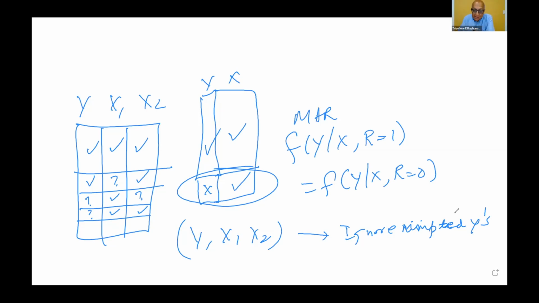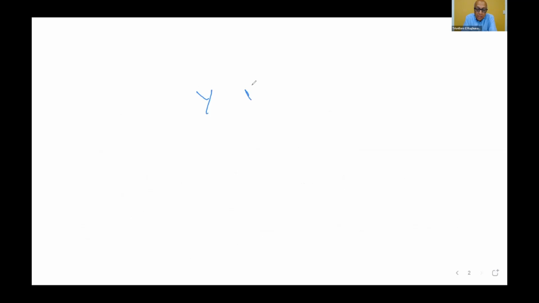Now let me take another example. You have a y, x1, x2. And y is supposed to be a self-reported income. And these x1, x2 are covariates. But you have a z, which is the administrative record income. And then there are no missing values here.